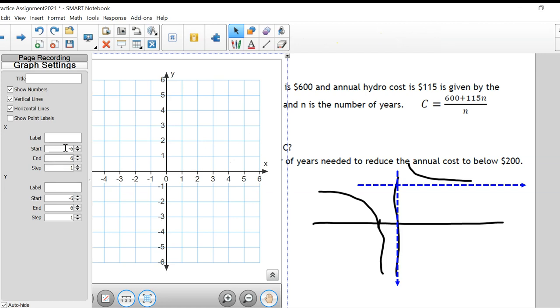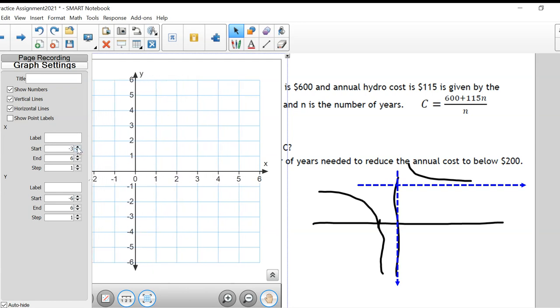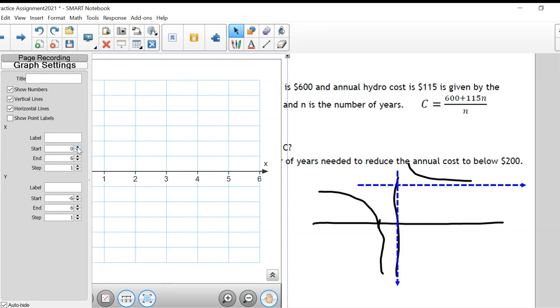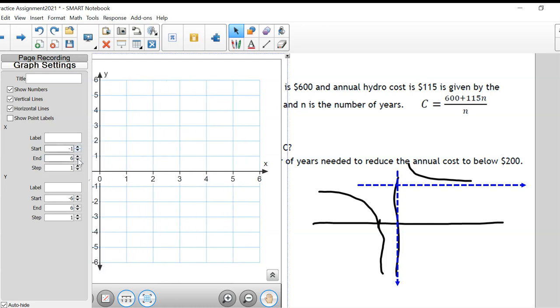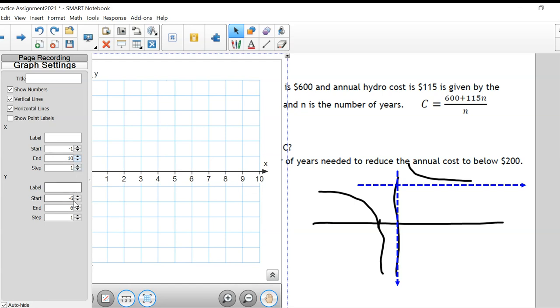On my x-axis, I'm going to take it down to 0, and then let's go to -1 actually. And on my other side, I'm going to go all the way up to about maybe 10.